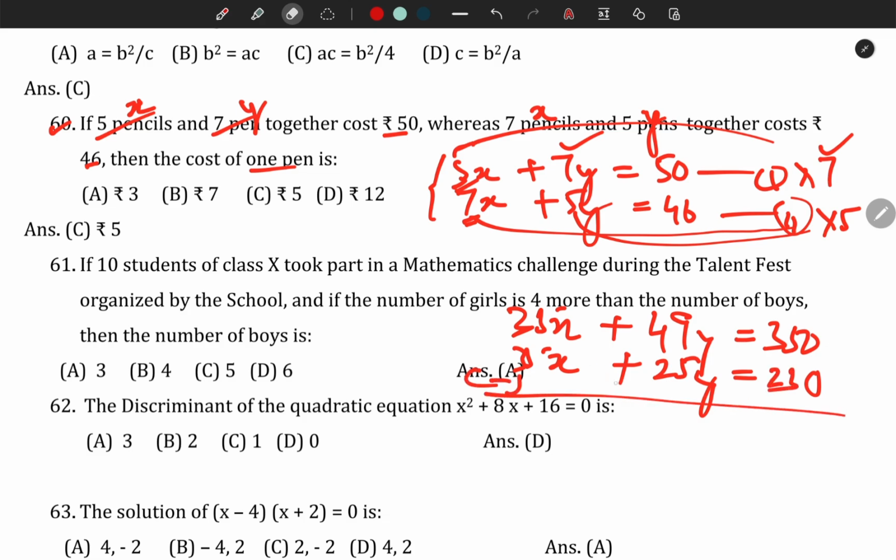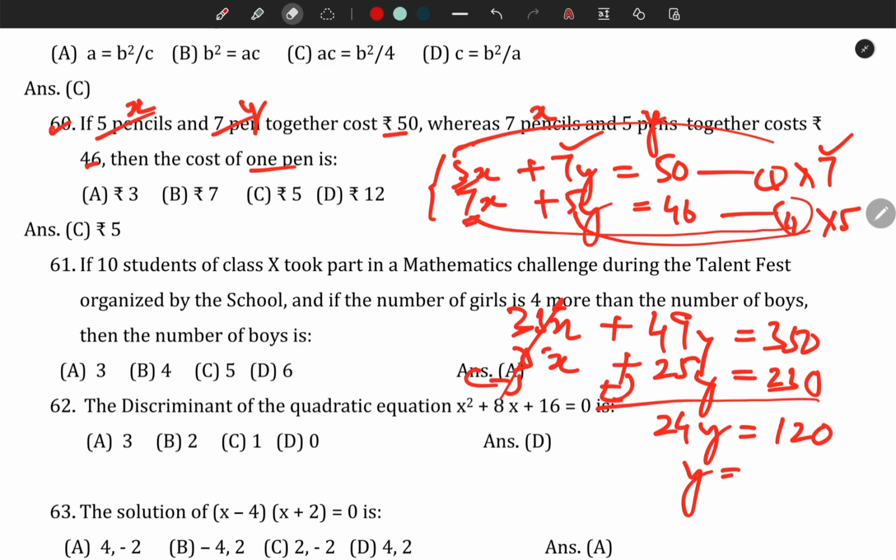Now we subtract these two equations so that the x terms will cancel, and 49 minus 25 will be 24y, and if you subtract you will get 120.